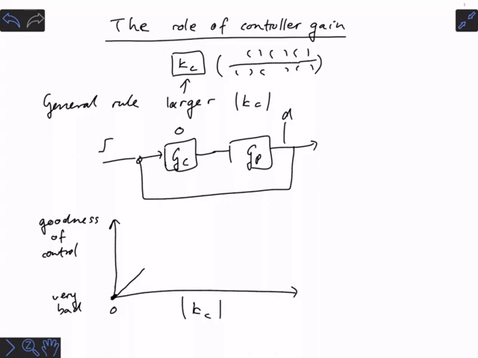As we saw, when we had really simple systems and we had proportional control, yes, the proportional control wasn't awesome, but the bigger we made the gain, the better the control became. And we saw that in the limit of infinite gain, if we made the gain really, really high, we effectively got perfect control for low order systems.